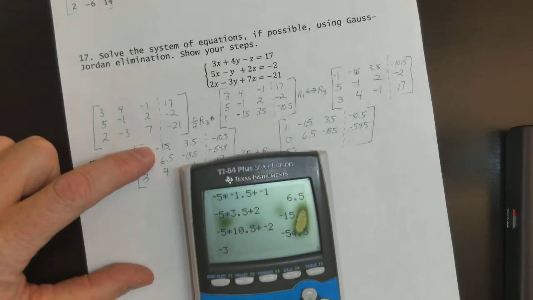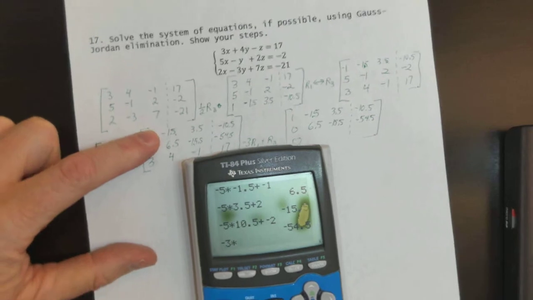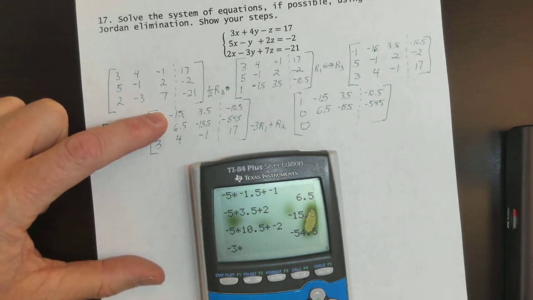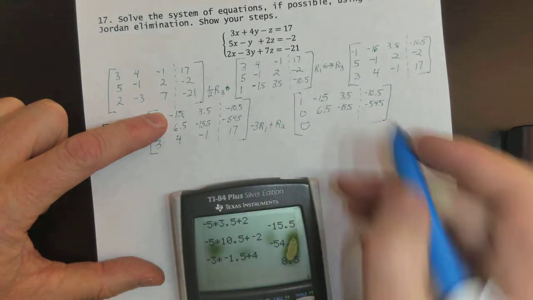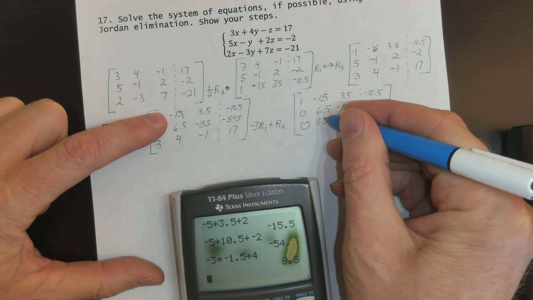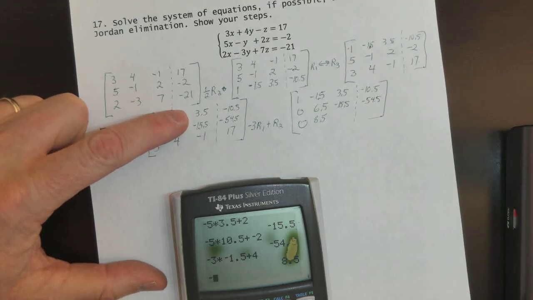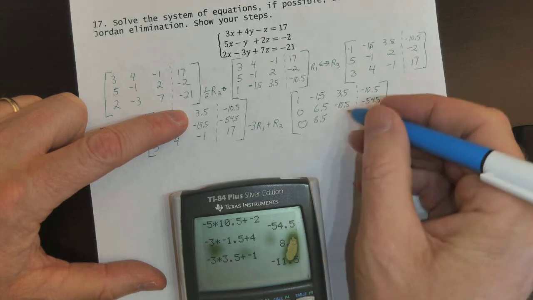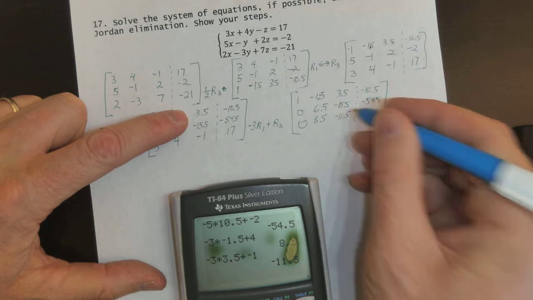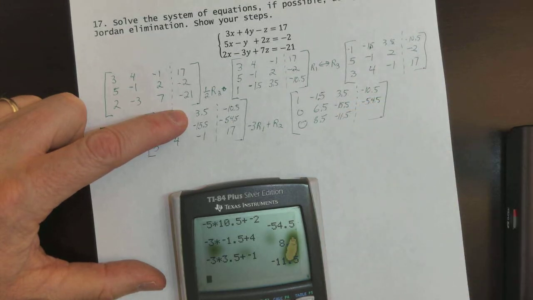Negative 3 times negative 1.5 plus 4, 8.5. Negative 3 times 3.5 plus negative 1 is negative 11.5. Yikes. Okay.